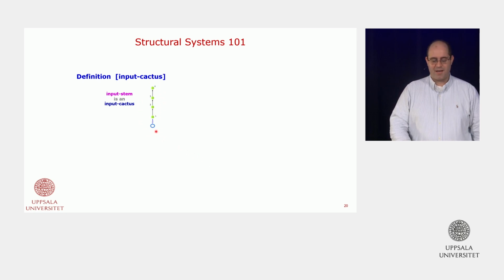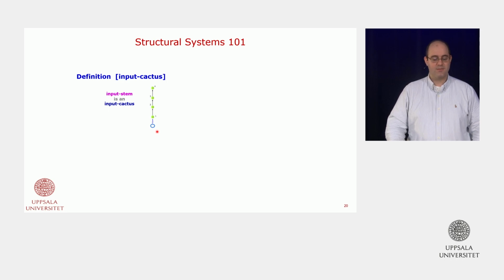Here you start with a path that contains states, and then at the beginning of that path, you are going to connect one input. If you have this sort of path, then you say that you have a so-called input stem. And that input stem is the basis of such a recursive definition, meaning that an input stem like this is an input cactus.